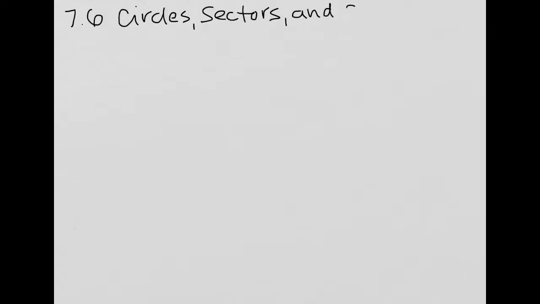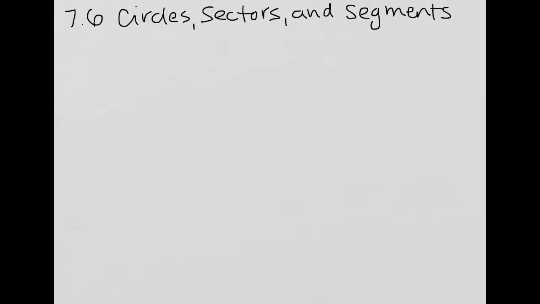Go ahead and update your table of contents and label the top of your page 7.6, and you'll have to bear with my writing on a tablet. Again, go ahead and pause this at any point you need and try to follow along.